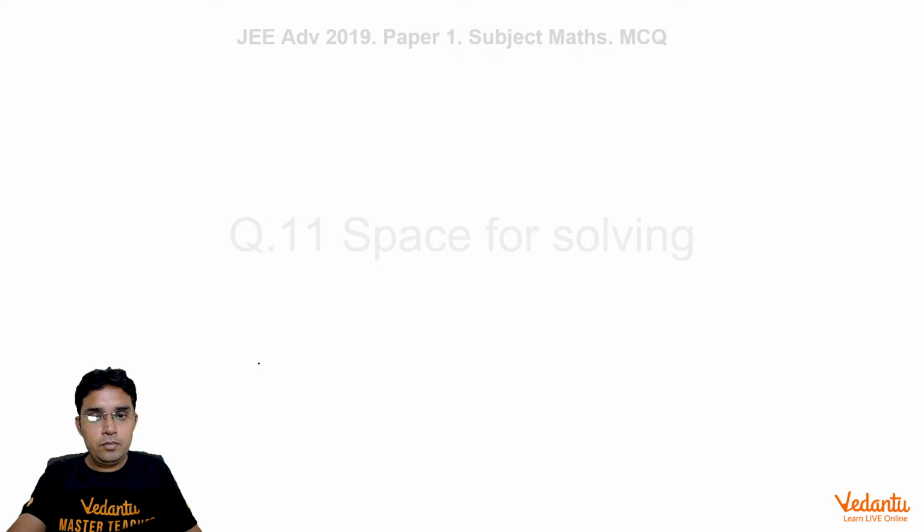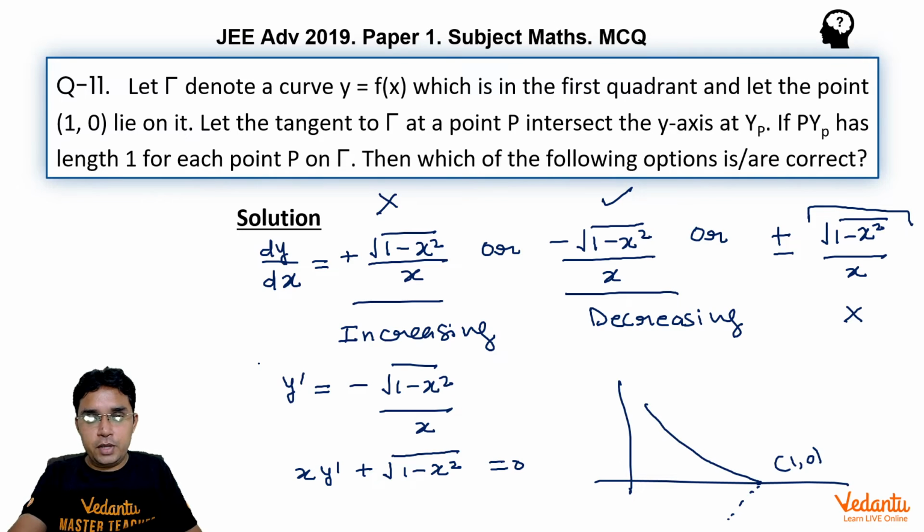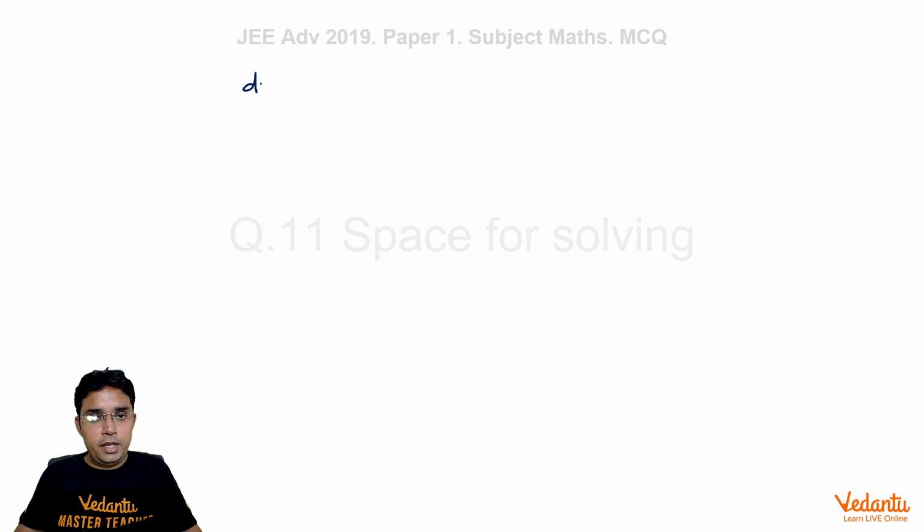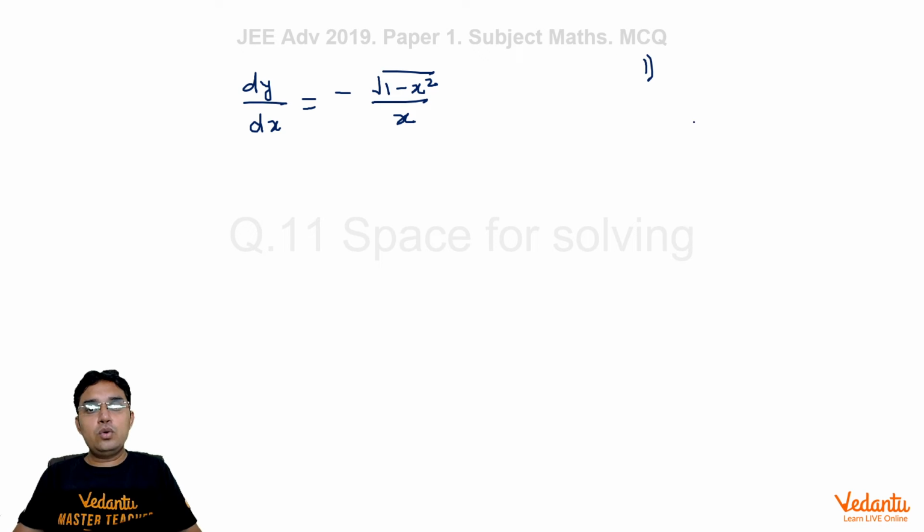Now, to solve this differential equation, which is dy/dx equal to minus root over 1 minus x square upon x, I think we just need to do the integration. To do the integration, we have multiple options. We can put x is equal to sine theta.